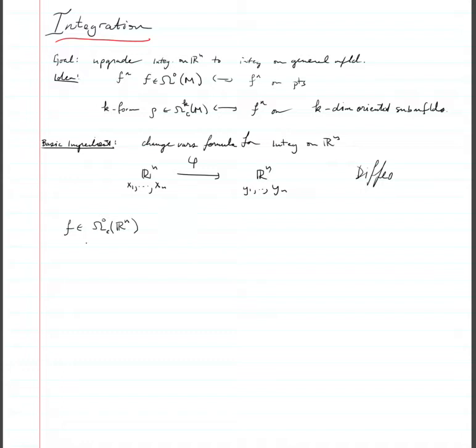Okay, so given this function, we can integrate it, and we produce the integral of f dy1 through dyn. It's an integral over Rn, and we get a real number.